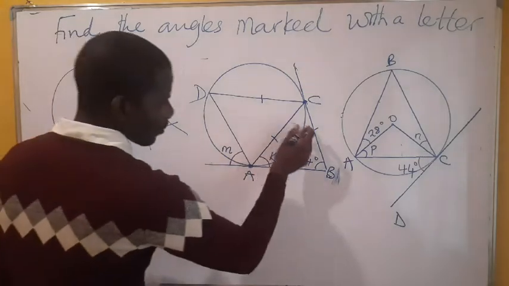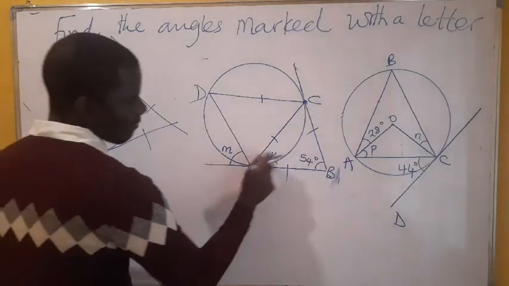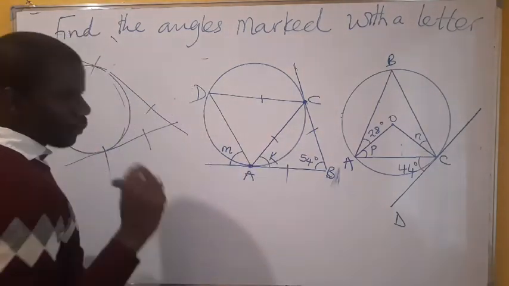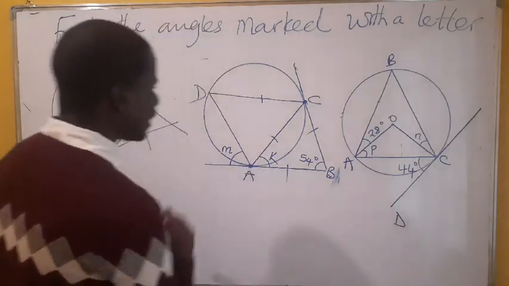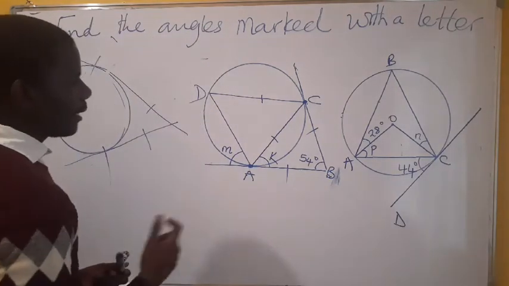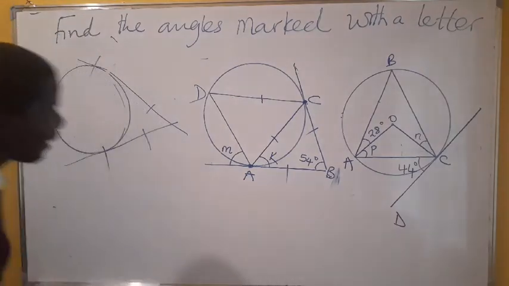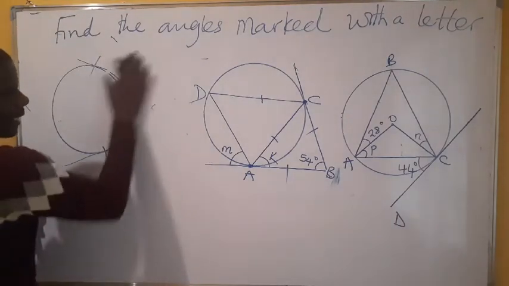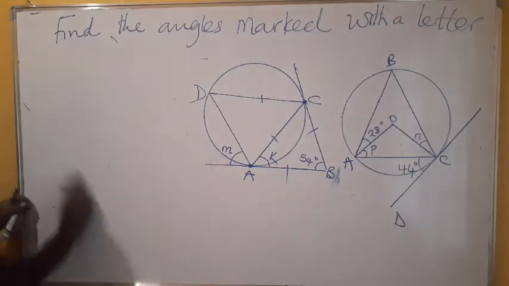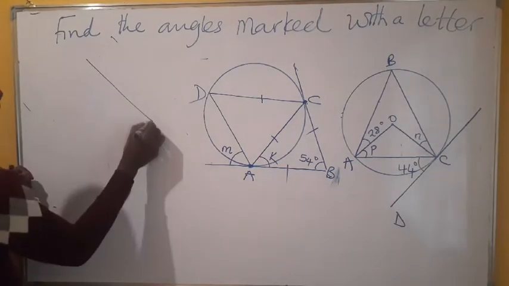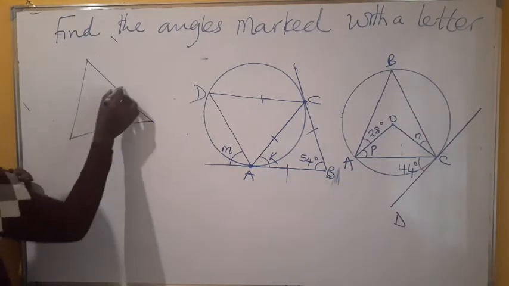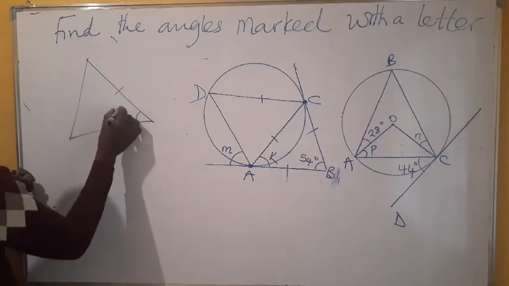So we have an isosceles triangle. That is why we did those rules. So we need now to know that, I hope you are following me. If that is the case, it appears we have something like this. Then here we have what?